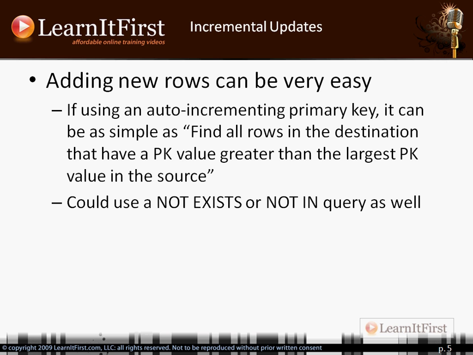If you can get away with it, you could also use a not exists or a not in query. So you could basically say, give me all of the records in this source whose primary key is not found in the set at the destination.